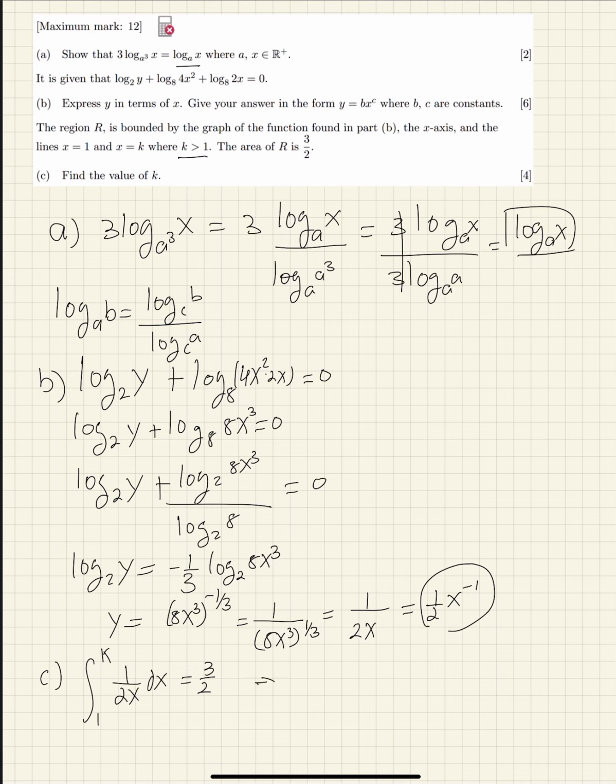So this is equivalent. I'm going to pull out the 1/2 just to make it quite clear. This is ln of x.